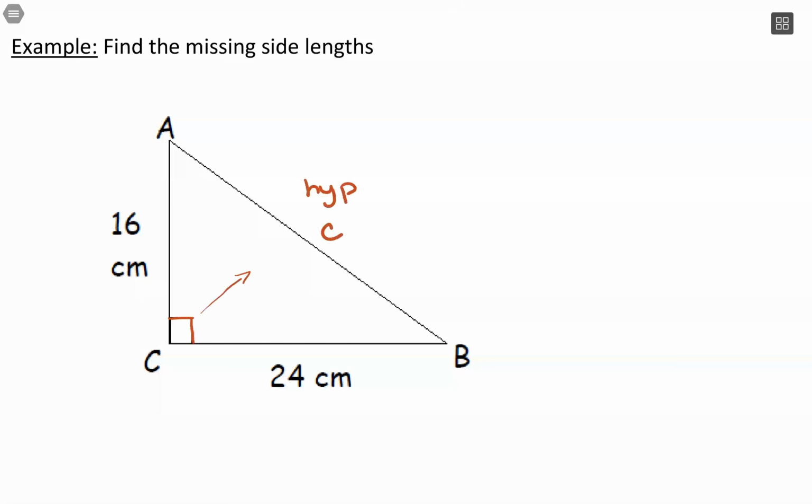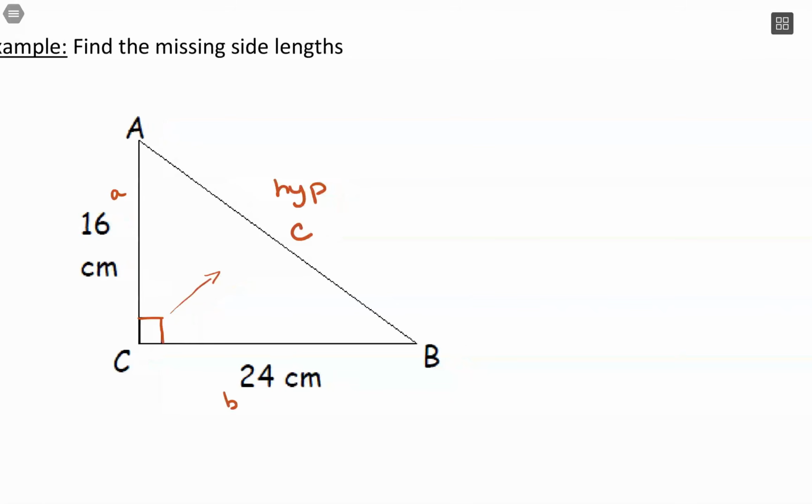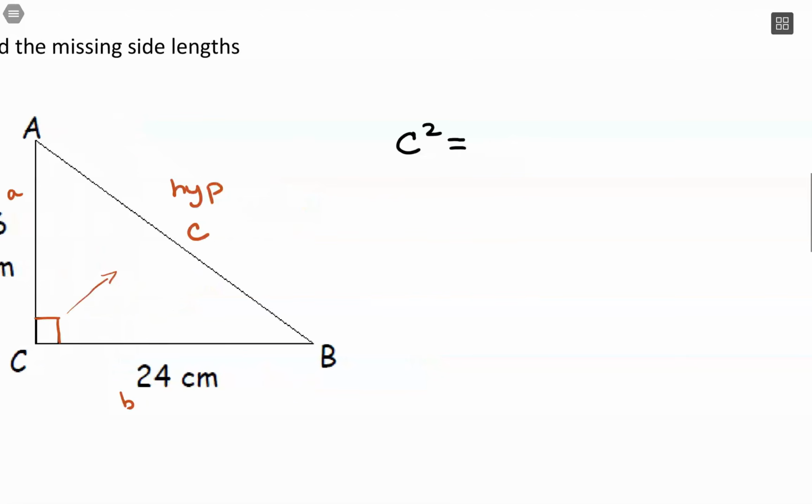I'm just going to call it C. And that means I have these two legs, A and B. It doesn't matter which is which. Order doesn't matter there. All that matters is we know which side's the hypotenuse. So that means we'll have the hypotenuse squared is equal to leg squared plus other leg squared. And then we're going to start solving.